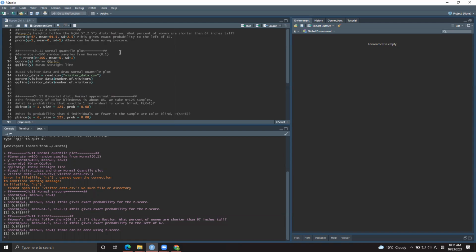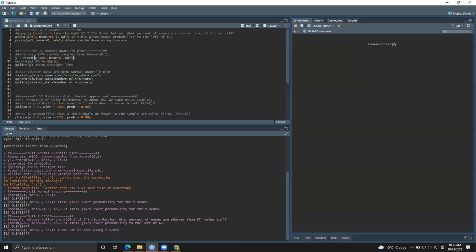So in this line right here, I'm going to randomly generate 100 samples from a normal distribution with mean 0 and standard deviation of 1. The r here denotes random, and norm here denotes normal distribution, and n is the sample size, mean 0, standard deviation 1.